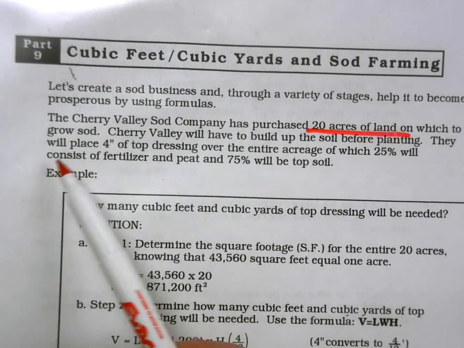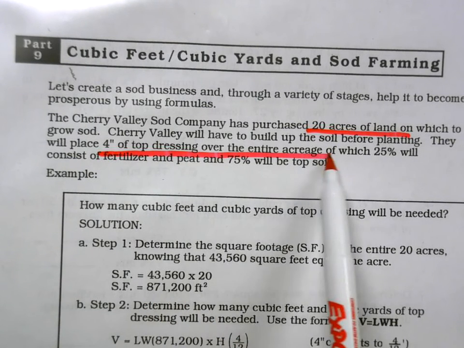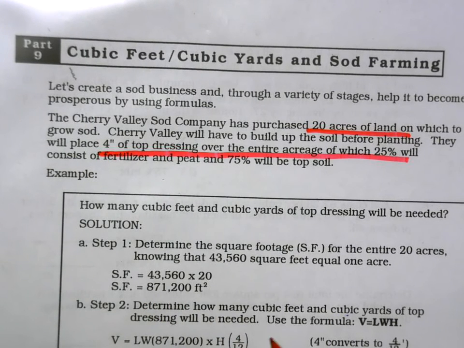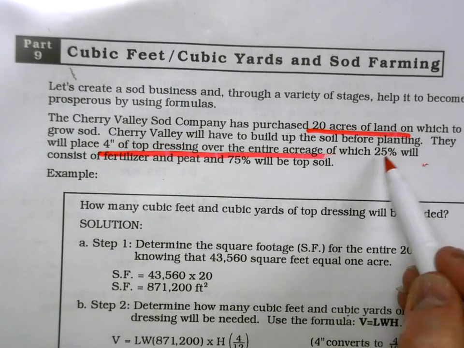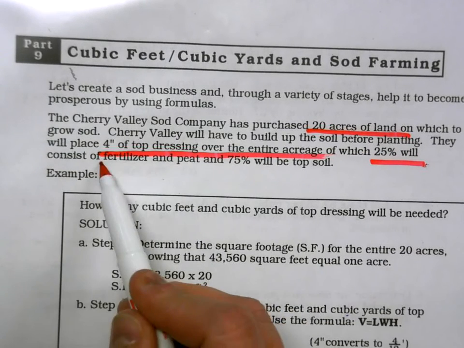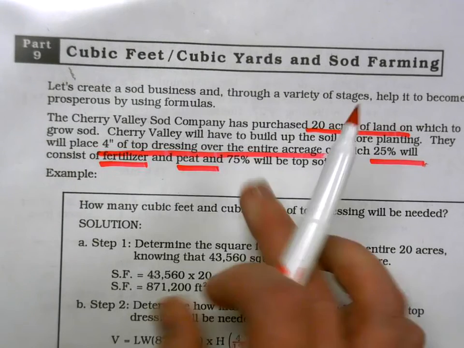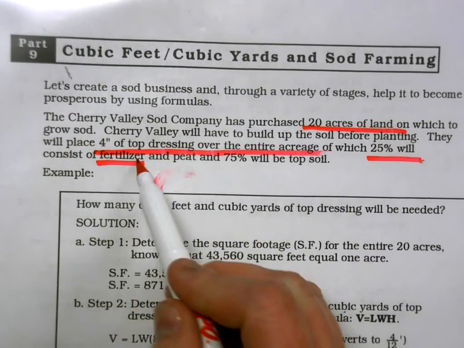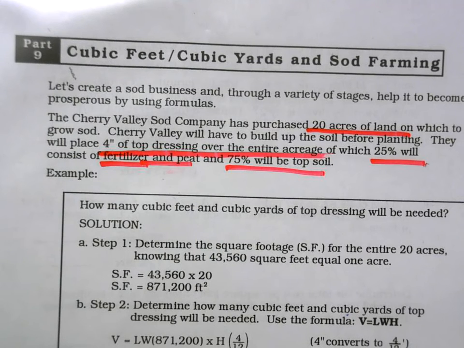Okay, so they will place 4 inches of top dressing over the entire acreage. Okay, that top dressing, 25% will be fertilizer and peat, sorry, and then 75% will be topsoil.